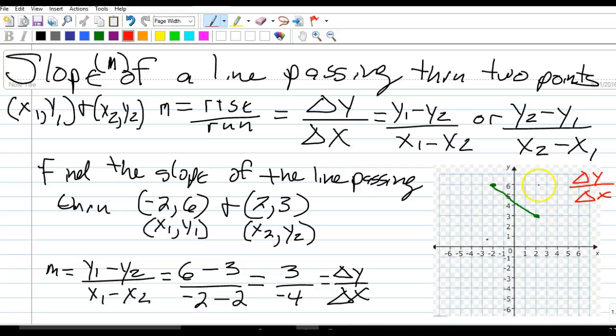So let's compute the vertical change first. I could go from here to here or here to here, it doesn't make any difference. So to go from this point to the other point, I have to move 1, 2, 3 units up. So that is positive 3.